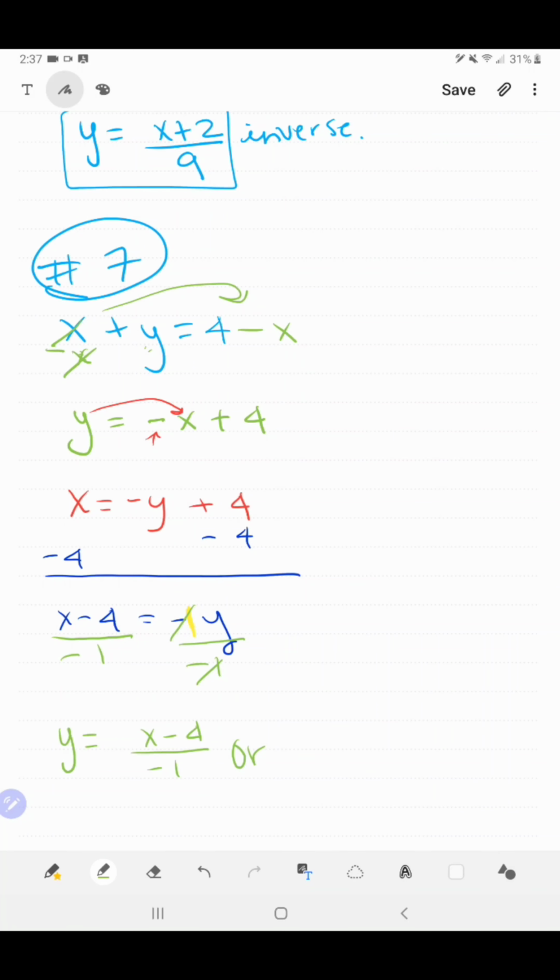Or you can write this, because the negative goes on the side, so this becomes negative and this one becomes positive. So if you want, you could write it as negative x plus 4 over 1. It's the same thing though. So these are both right answers, just so you know.